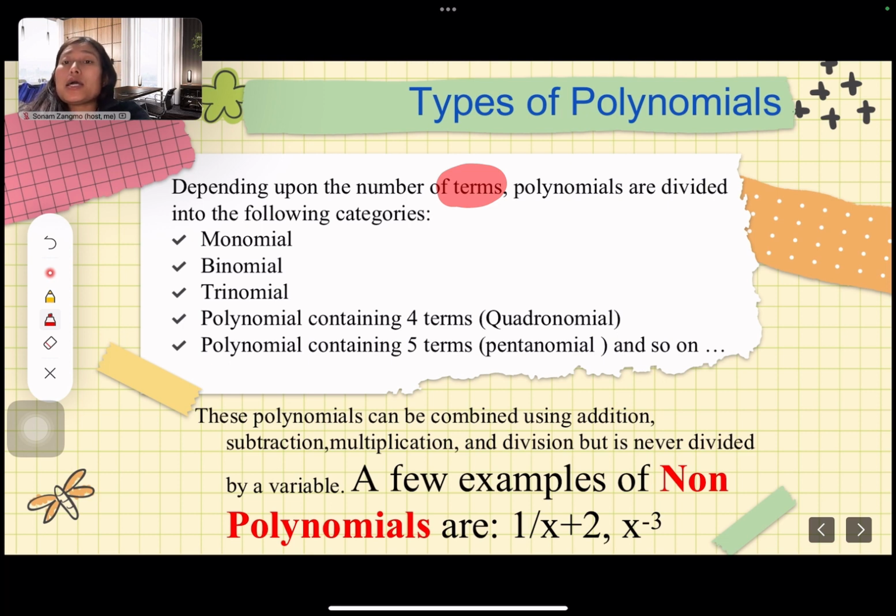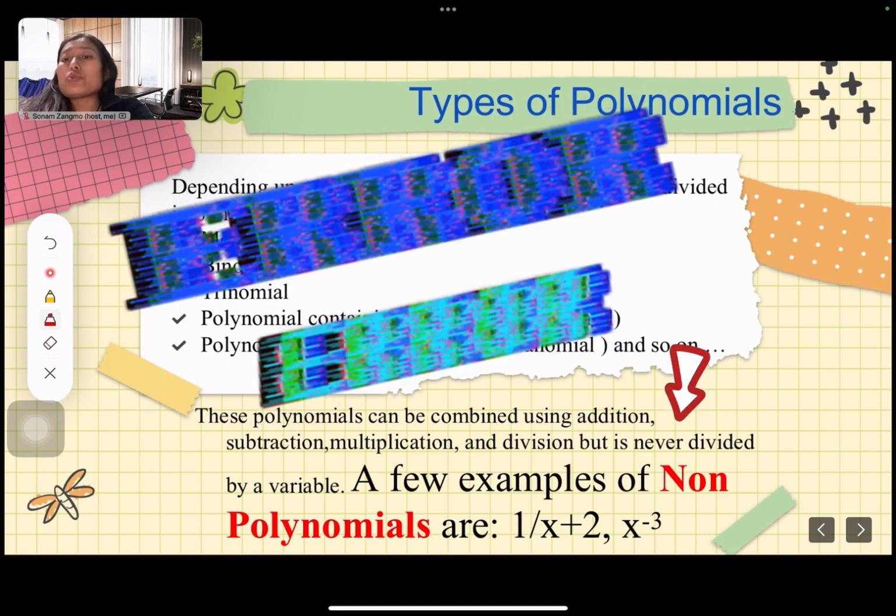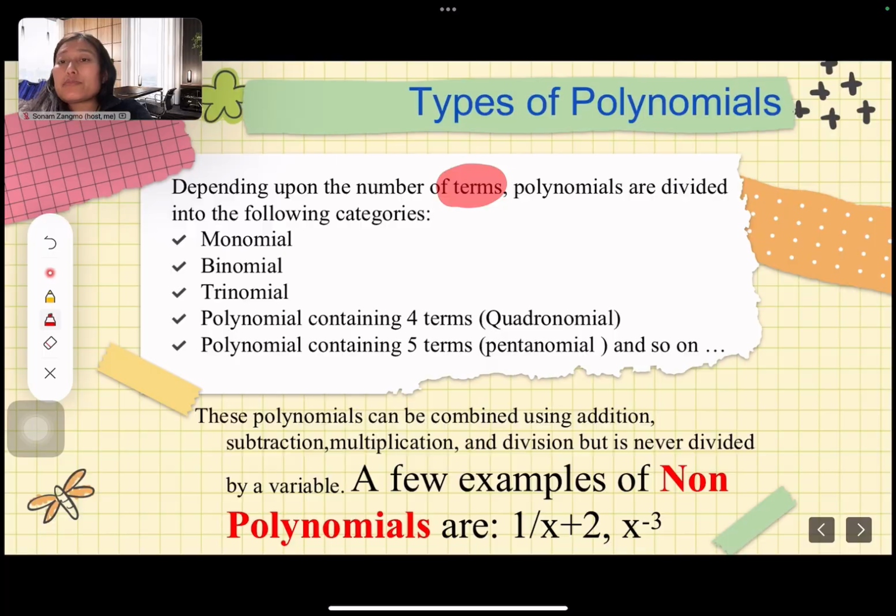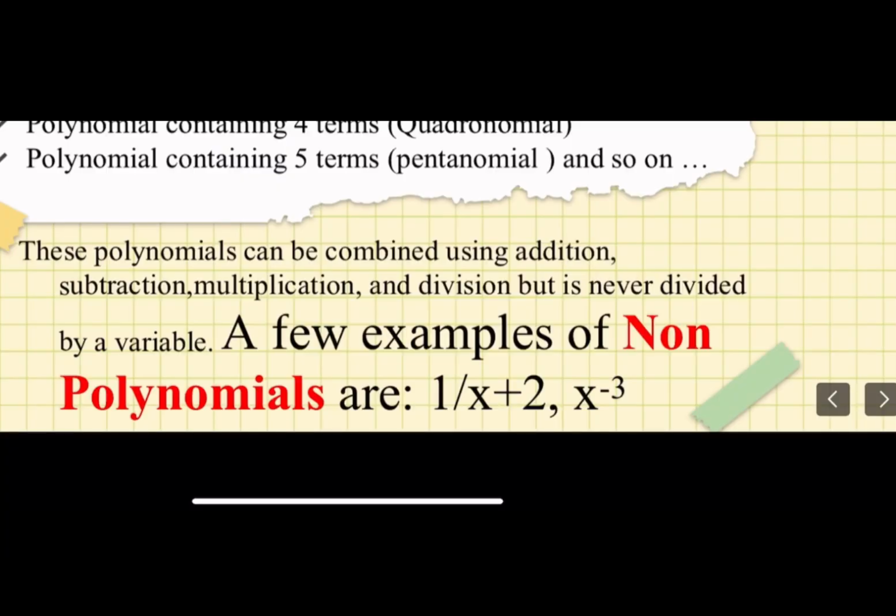Now there are also some expressions, even though the variables or coefficients are present, that do not qualify as polynomials. So those are non-polynomials. For example, 1 over x. If the variable is dividing the expression, it is not considered a polynomial.